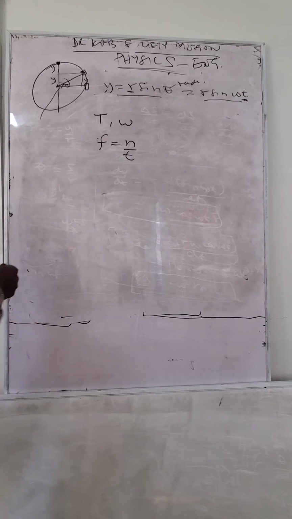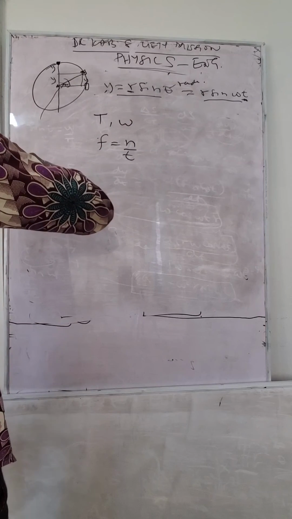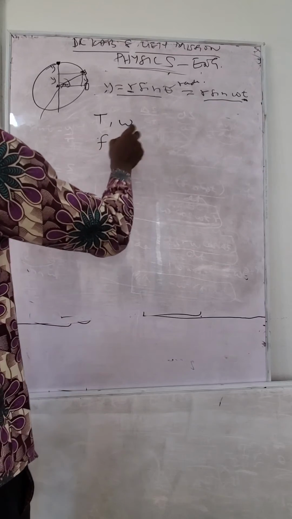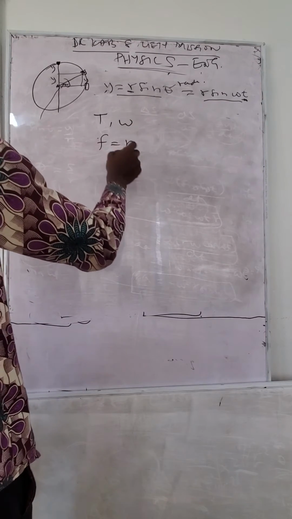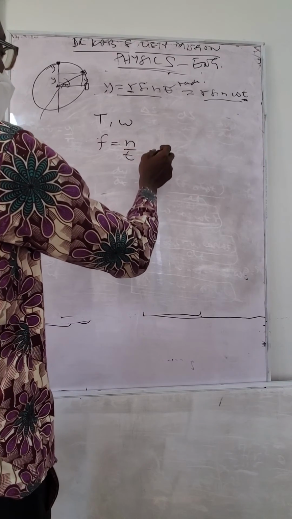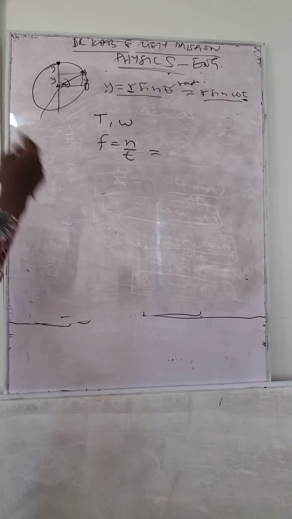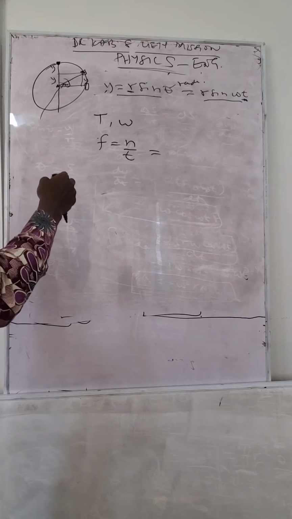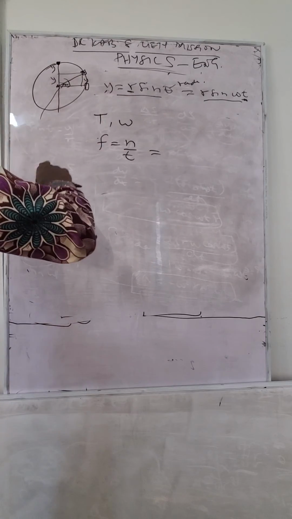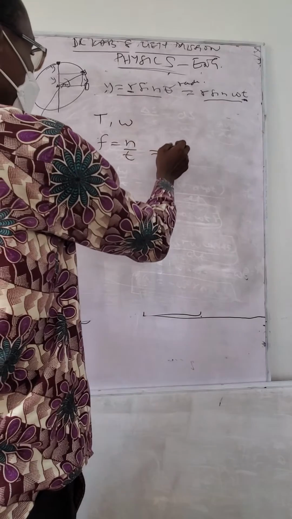If what we are considering is a circle, then for one complete revolution, or one to and fro, or one distance around the circle, the number of cycles will be one. So this will become one.